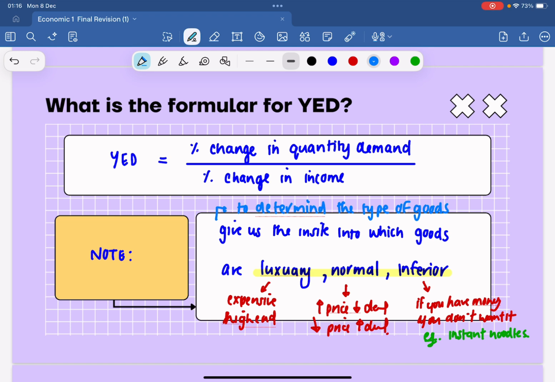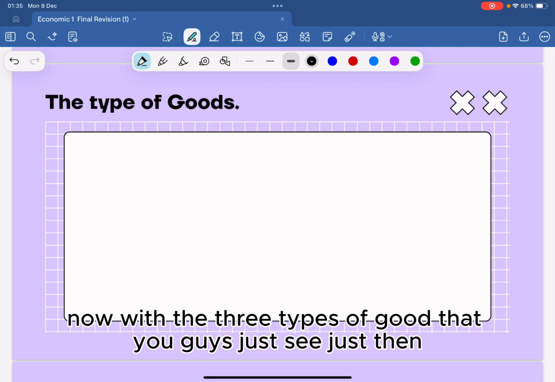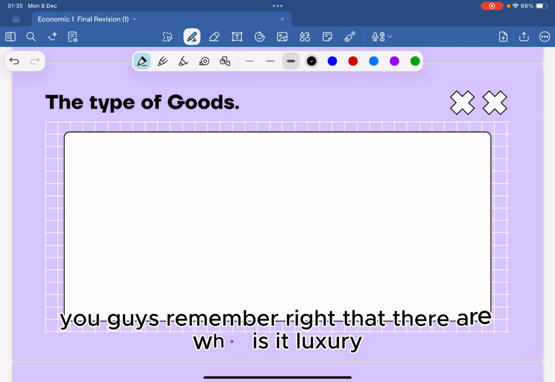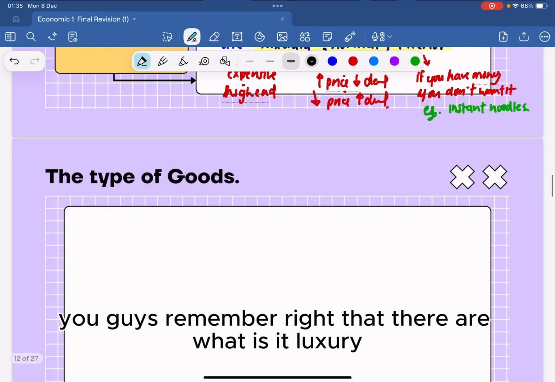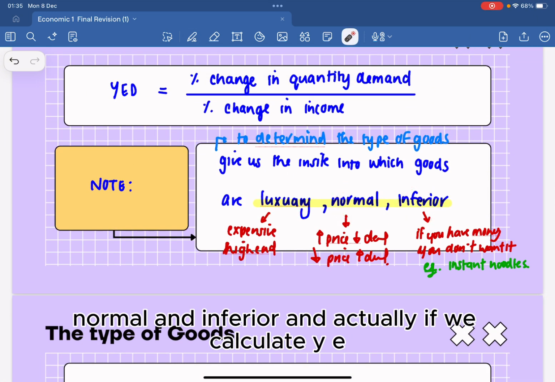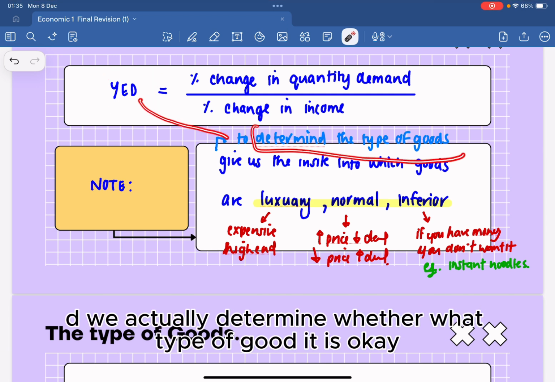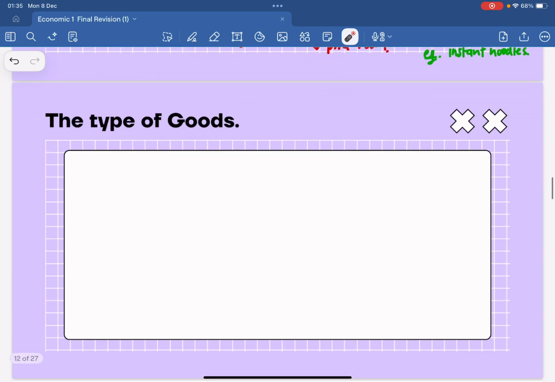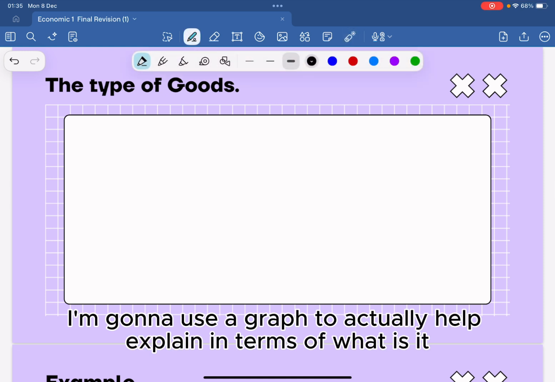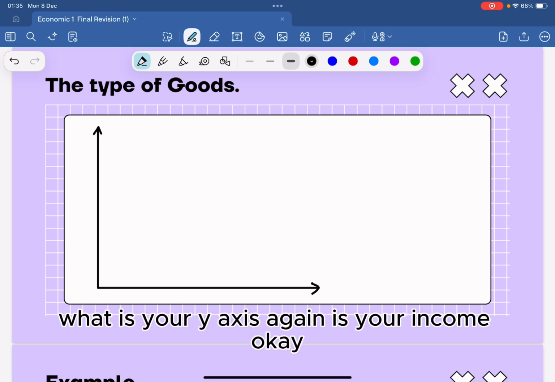Now, with the three types of good that you just saw, you remember that there are luxury, normal, and inferior. And if we calculate YED, we determine what type of good it is. Now I'm going to use a graph to help explain what it looks like. What is your y-axis again?